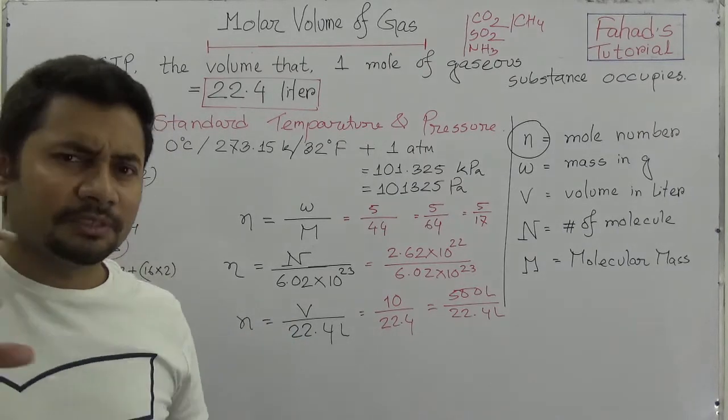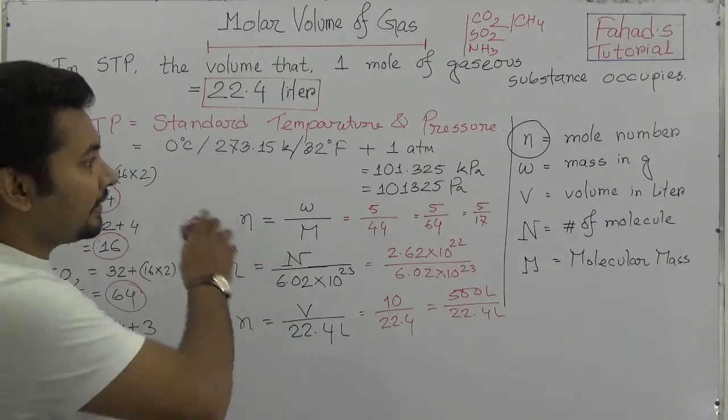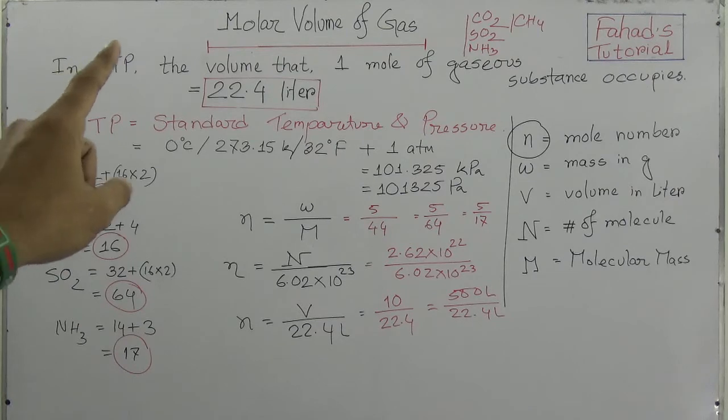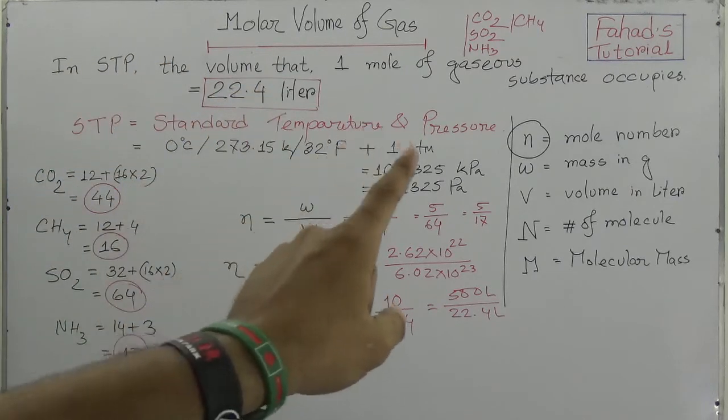Now let's do some mathematical problems. Before going to remove it, I'm trying to say that at STP, you must remember what the molar volume of gas is. You must say that at STP, standard temperature and pressure, it is the volume that 1 mole of gaseous substance occupies.